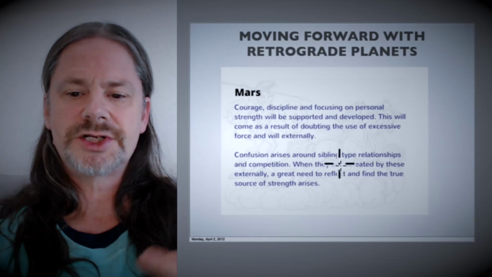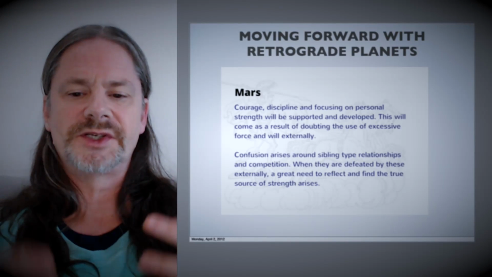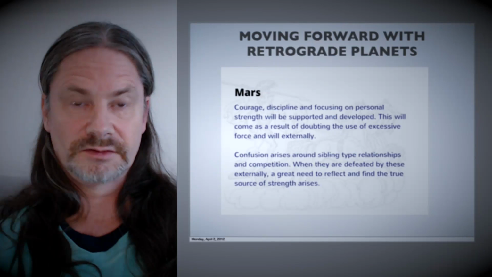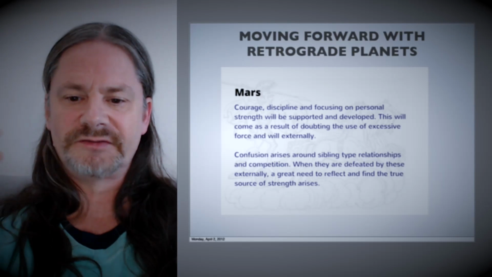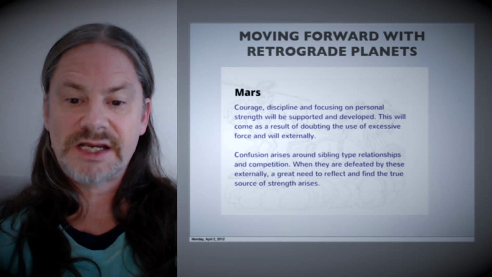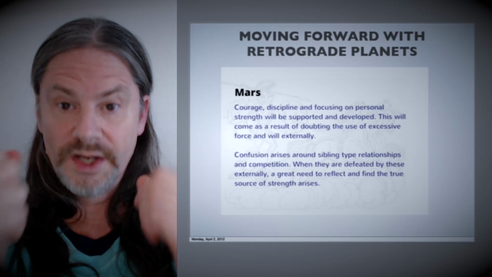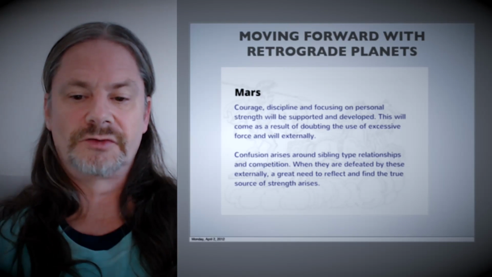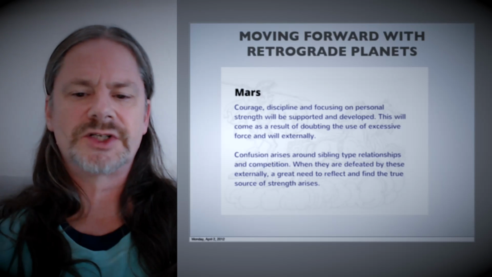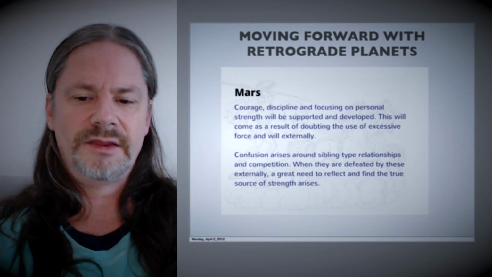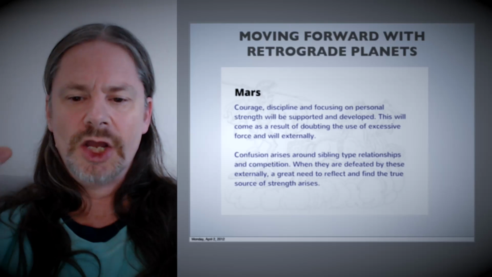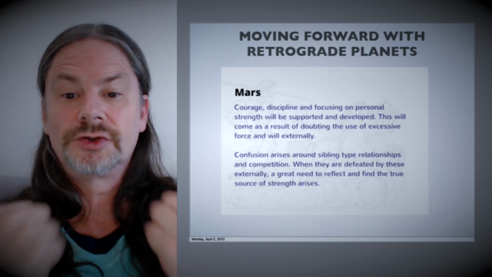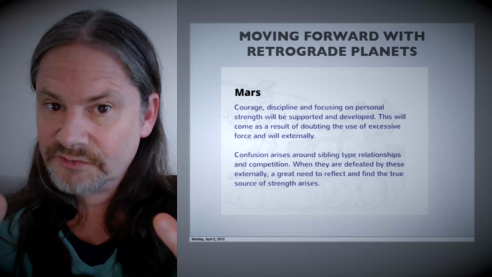Mars. So courage, discipline, and focusing on personal strength will be supported and developed. This will come as a result of doubting the use of excessive force and will externally. So when Mars is retrograde, confusion arises around sibling-type relationships and competition. When they are defeated by these externally, a great need to reflect and find the true source of strength arises, right?